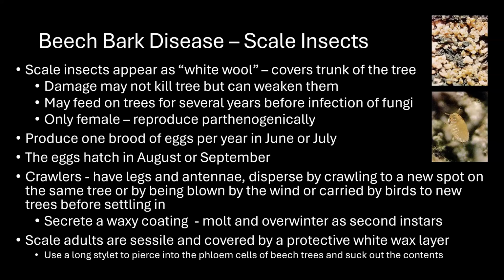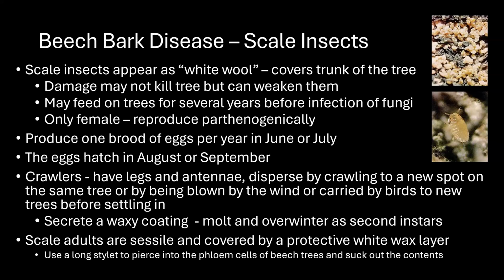And these actually have legs and antennae, like you would think of with an insect. They are able to move and disperse to a different part of the tree. They can also be carried by birds, blown by the wind. So they are mobile, is what I'm getting at, where they can move to different sections of the tree and cause further problems as well.